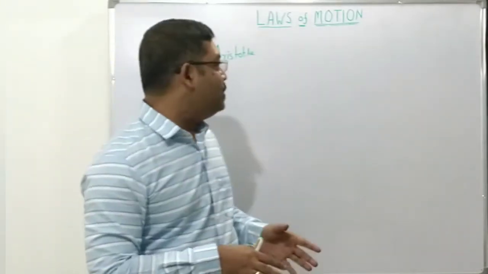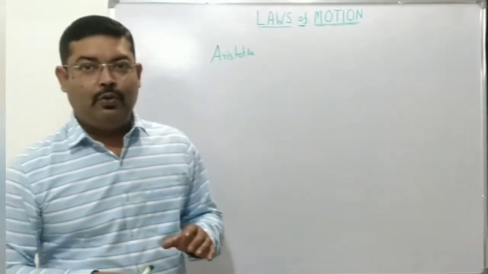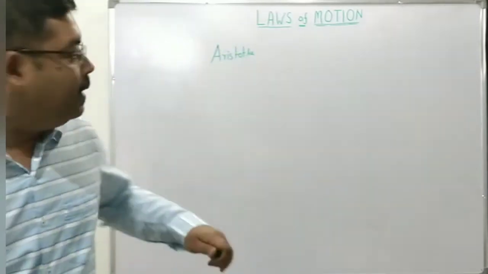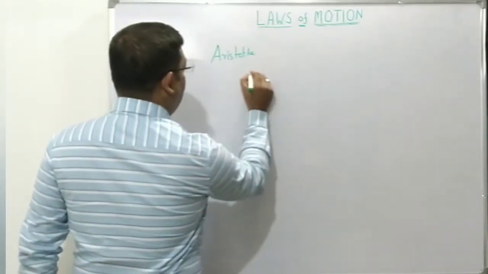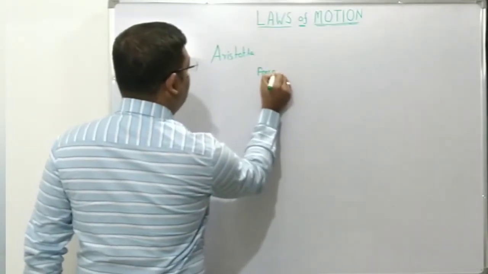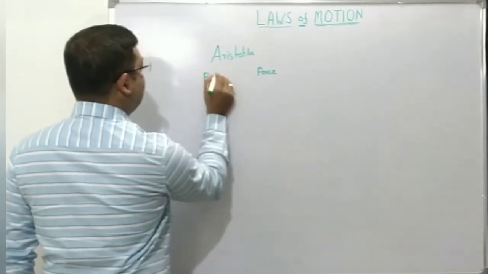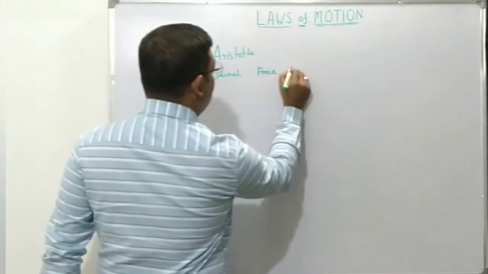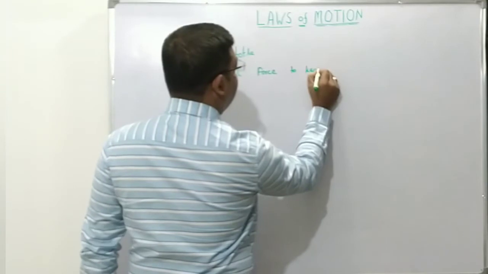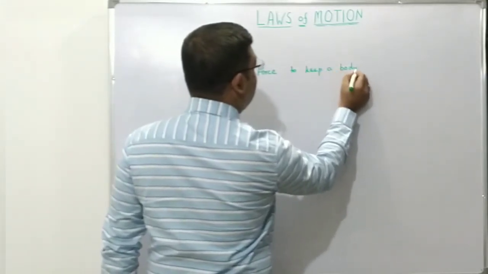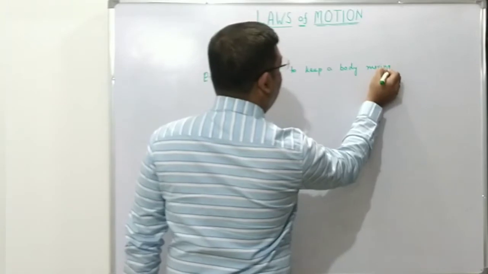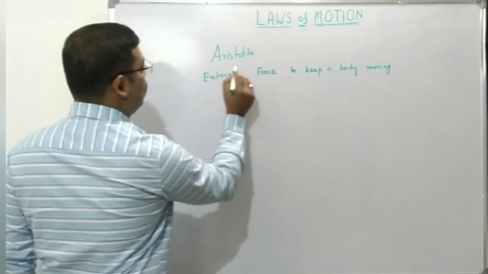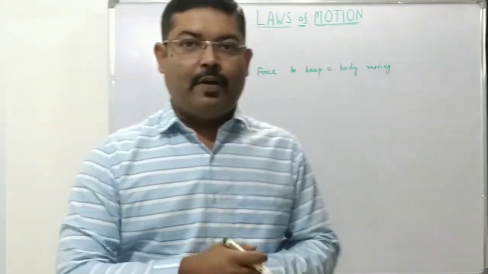So to keep the object in motion, we need to keep applying the force, which means that external force, you have to apply force from outside to keep a body moving. This was the law of motion given by Aristotle nearly 2500 years back.